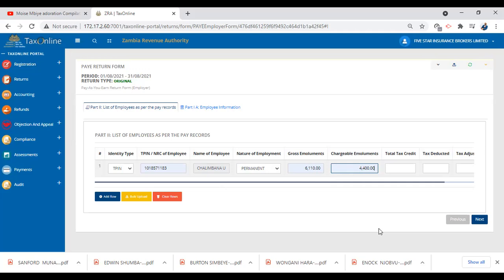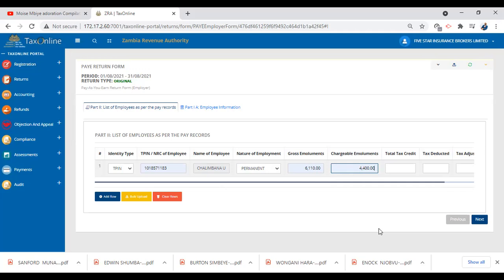But in an event where you don't have exempt payments, then the gross amount will be the same as the chargeable amount because you don't have exemptions in that particular case.